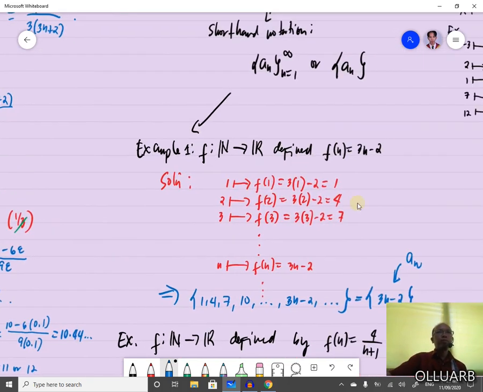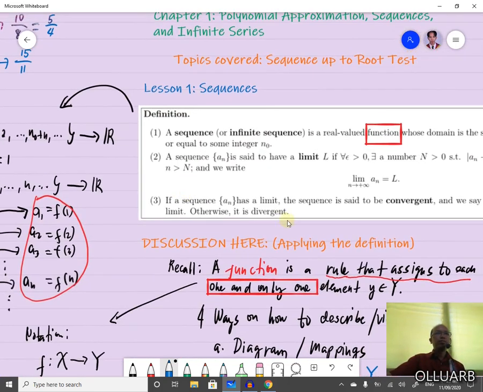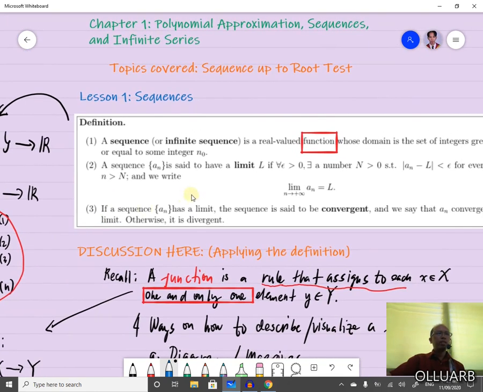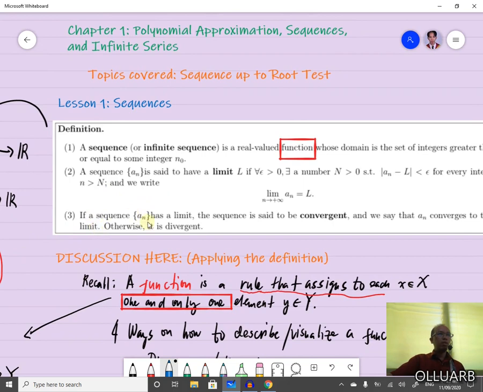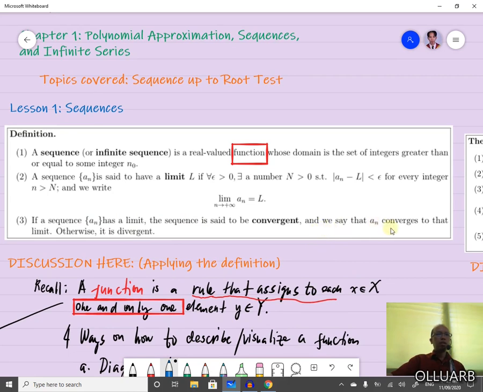So that's definition number 2. Okay, for definition number 3, if a sequence a sub n has a limit, the sequence is said to be convergent, and we say that a sub n converges to that limit.